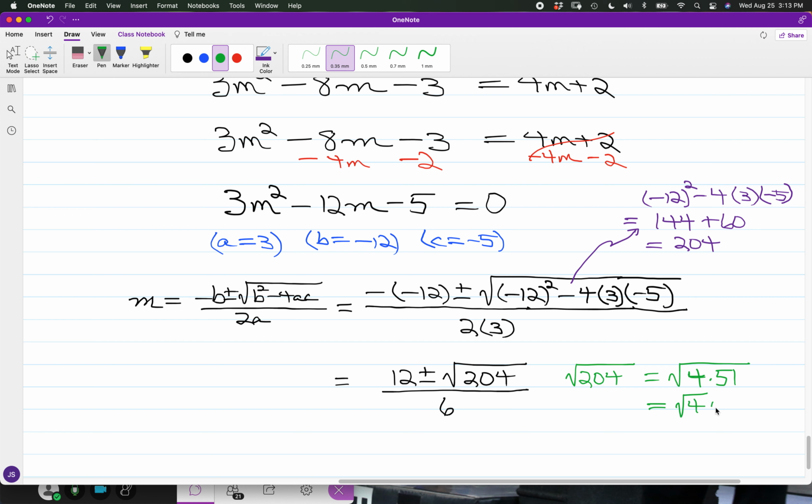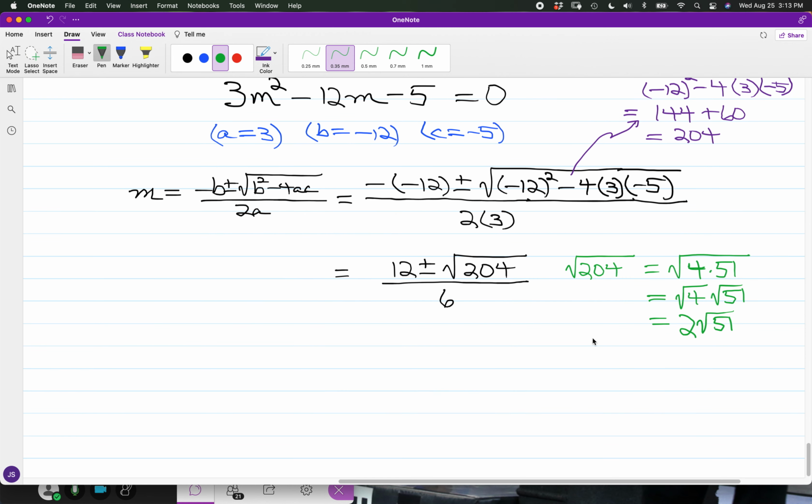So you have the square root of 4 times the square root of 51, and so this will be 2 times the square root of 51. Okay, so looking at what we have now, we've got 12 plus or minus 2 times the square root of 51 over 6.